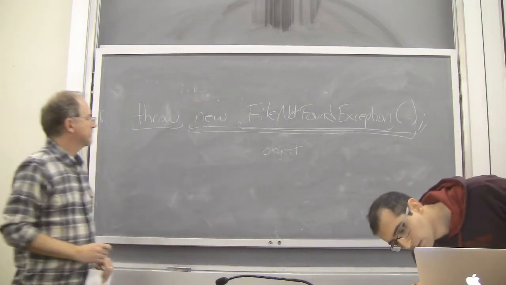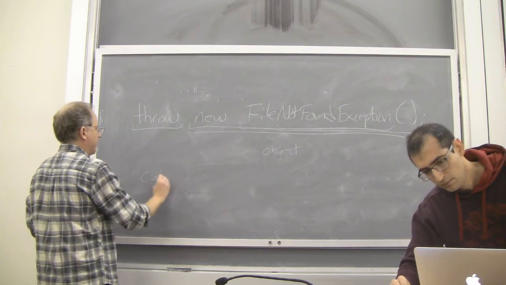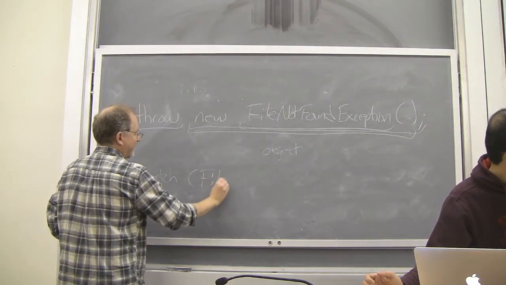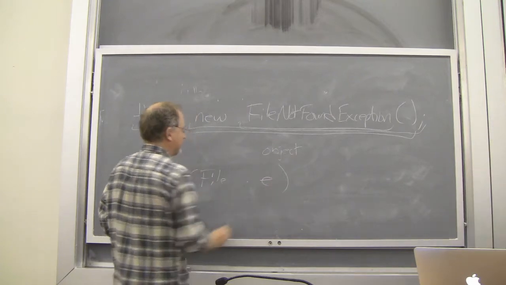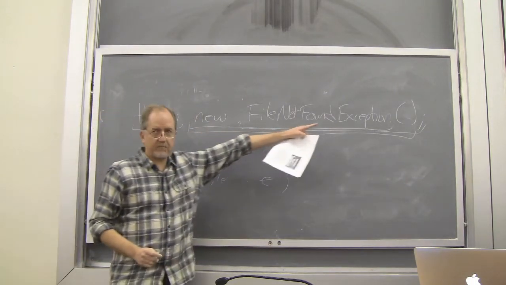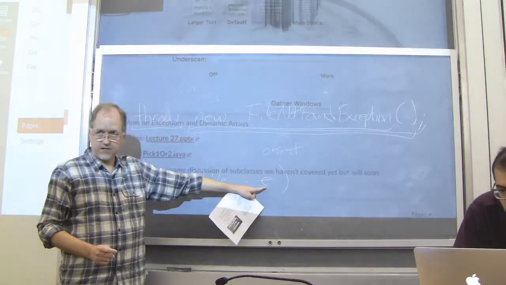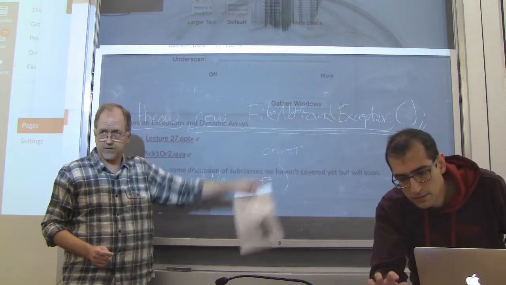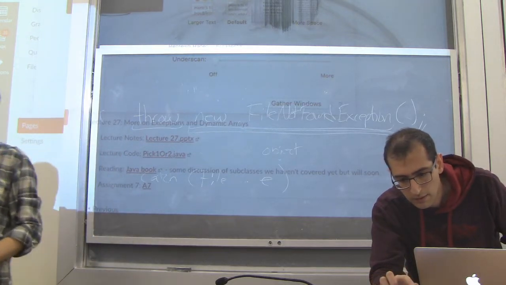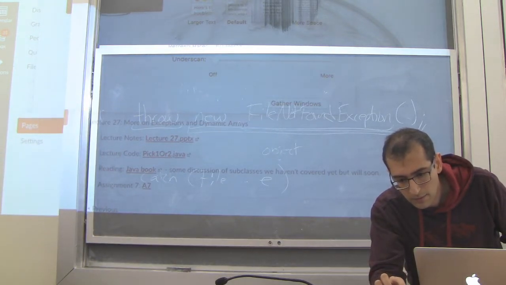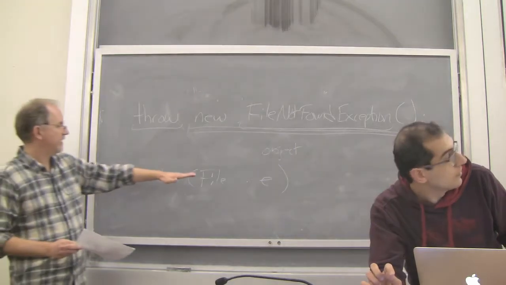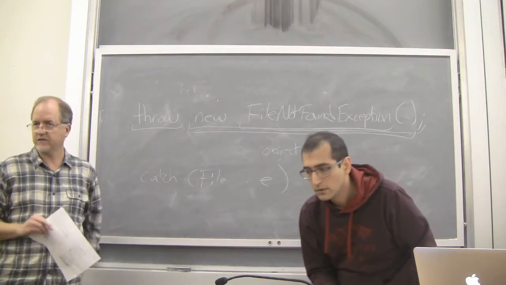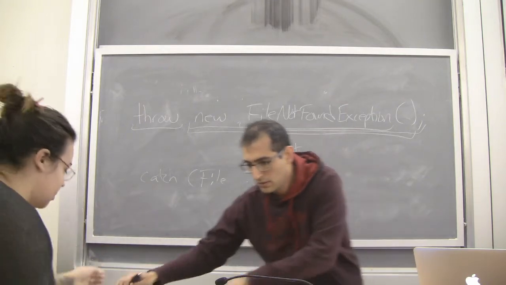When we have catch file E, this object is passed to E, and this references that object. So it's basically another parameter passing thing, but rather than calling a method and passing it and receiving it here, the connection between these is a little more tenuous.